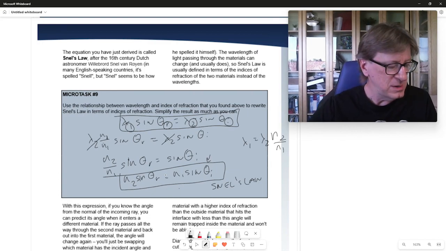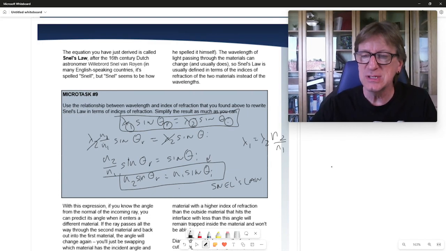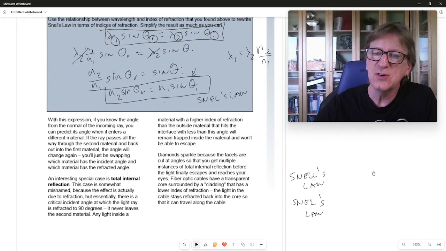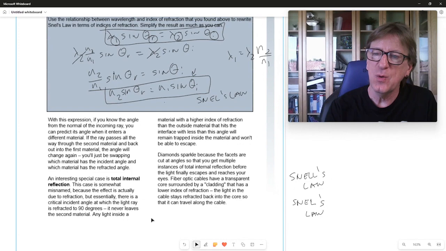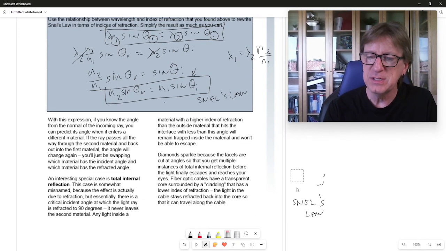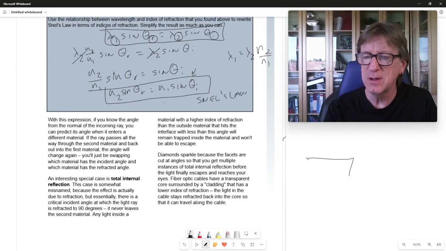Okay. All right. So now once we know that, there is an interesting case where we can find something called total internal reflection. And what you'll find is that if I have light inside a more dense material, there's going to be a case where, if I have light coming this way and trying to get out, it's going to get refracted away from my normal, right? This might be n equals 1.